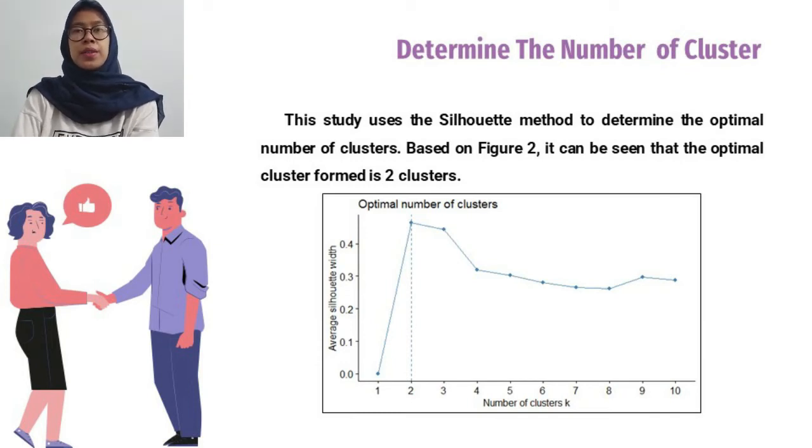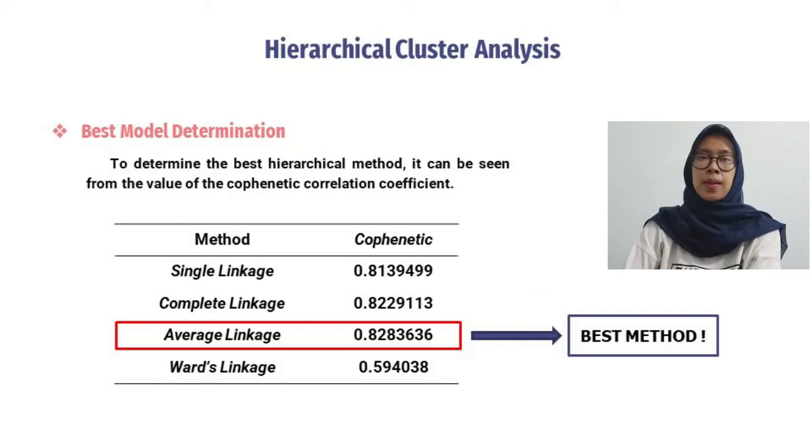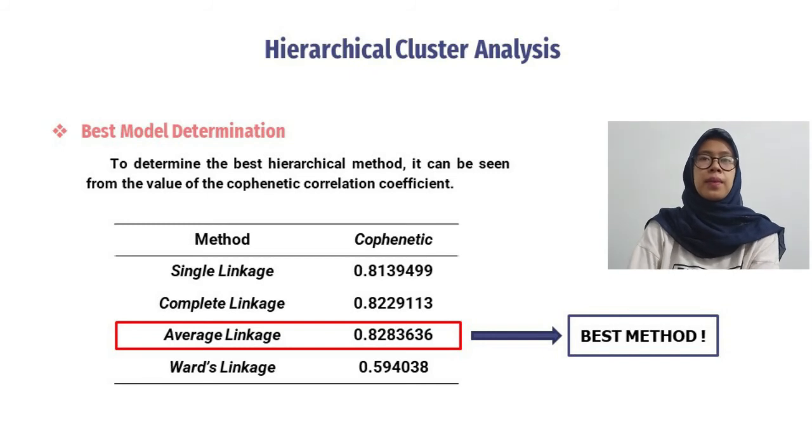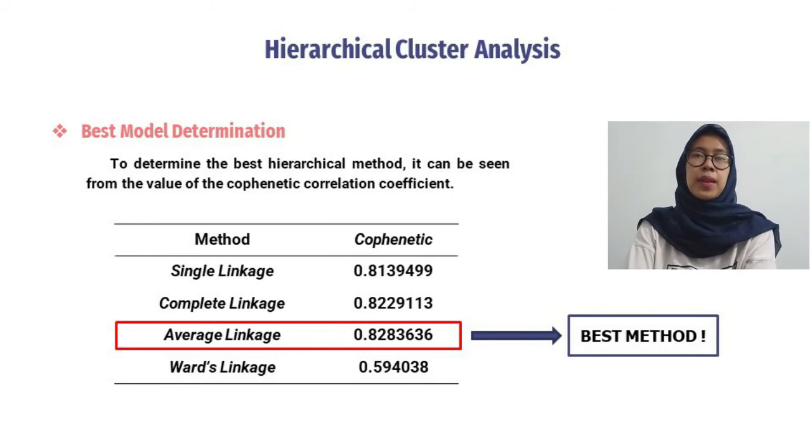This study uses the silhouette method to determine the optimal number of clusters. Based on figure 2, it can be seen that the optimal cluster form is 2 clusters. This is hierarchical clustering analysis. After selecting the number of clusters, the cluster analysis will be carried out using the hierarchical method.